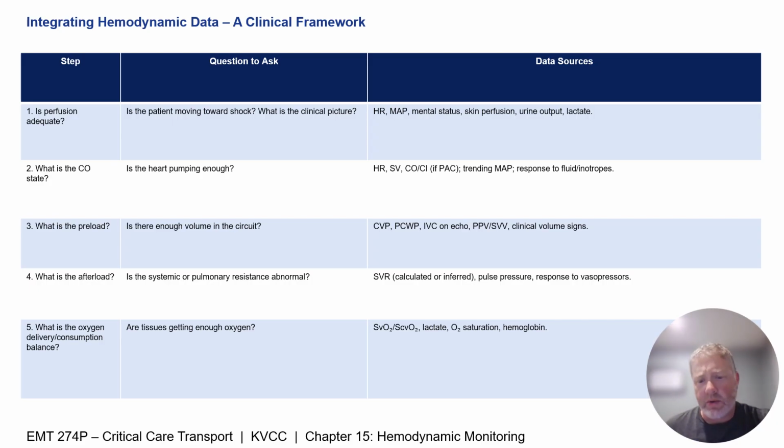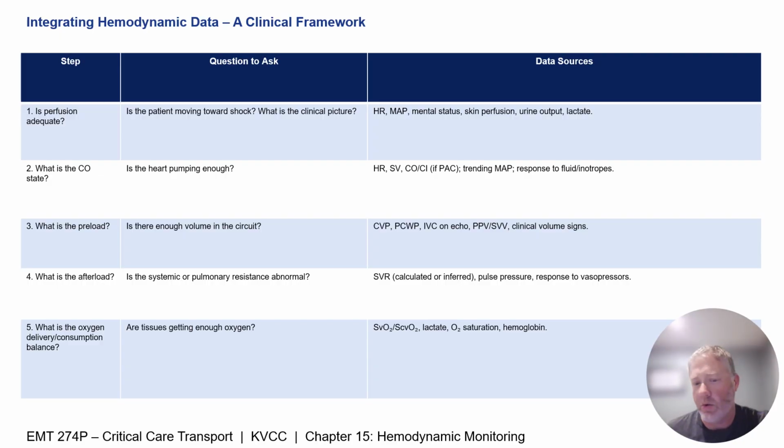And then after you determine that, think, all right, what's the afterload? Is the systemic or the pulmonary resistance abnormal? Well, look at your SVR, look at your pulse pressure, look and see if and what the response is to vasopressors. And then finally, what's the oxygen delivery/consumption balance?